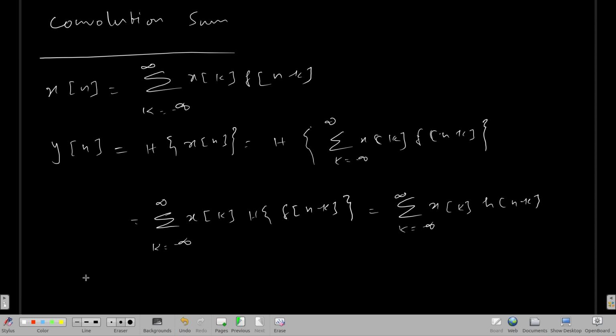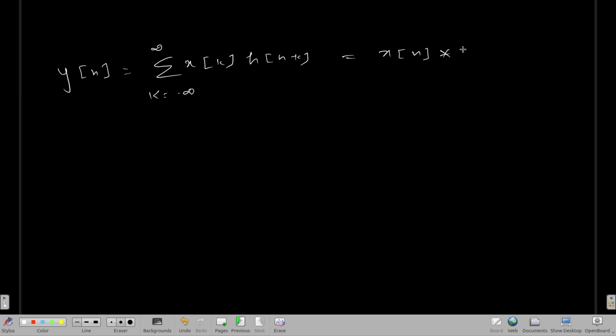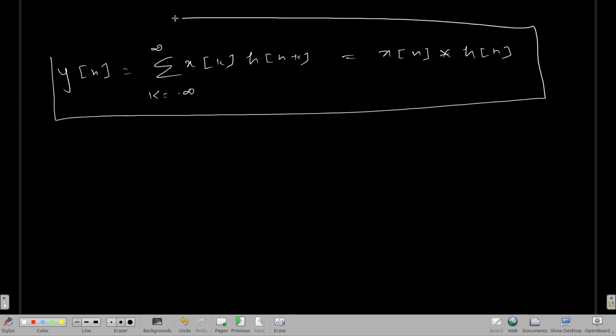So we can represent this as y of n equal to the summation over k from minus infinity to infinity of x of k h of n minus k, which is equal to x of n convolution h of n. This is the expression for discrete time convolution.